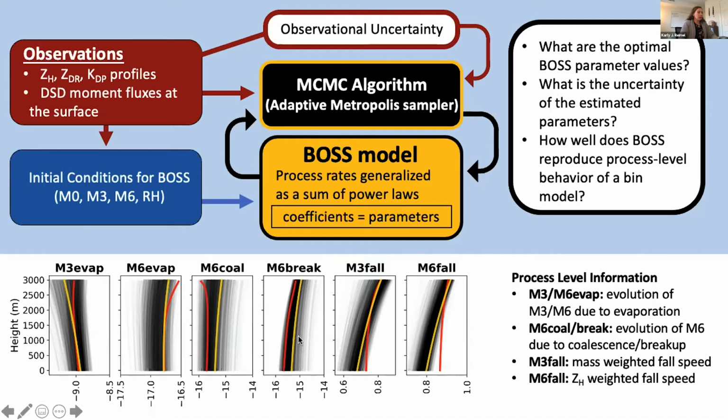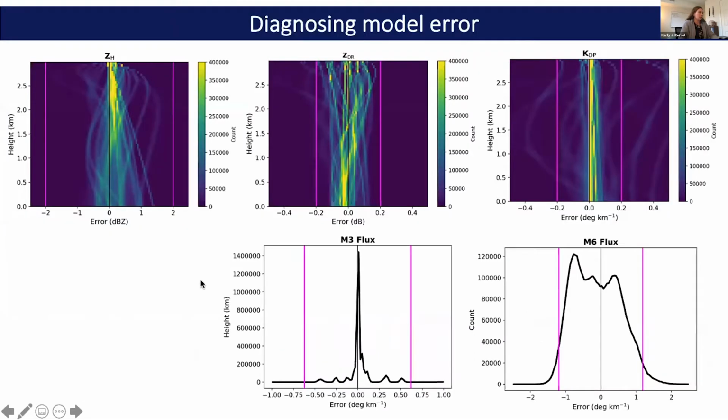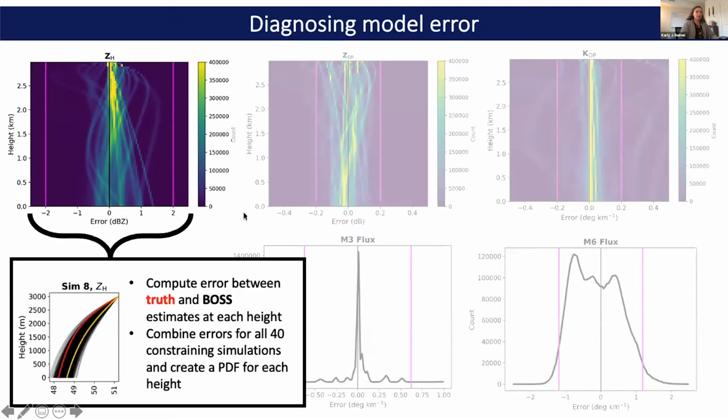When we constrain BOSS, we don't just use one set of observations. Right now, let's say we're using 40 constraining observations, so we need to have a way to diagnose the model error. I'm going to be showing a bunch of heat map plots like this. The way these are broken down is that if we take this one profile, as I showed previously, we can compute the error between the truth in red and our BOSS estimates in black at each height within the model.